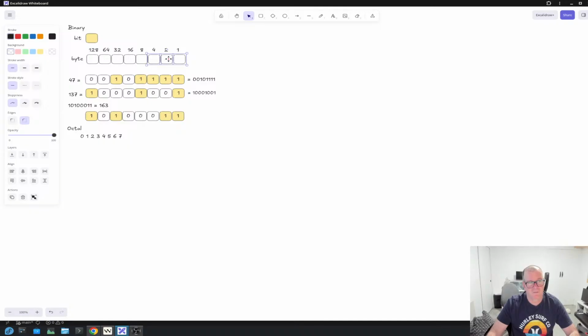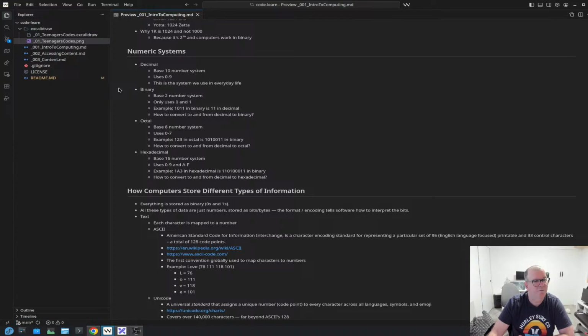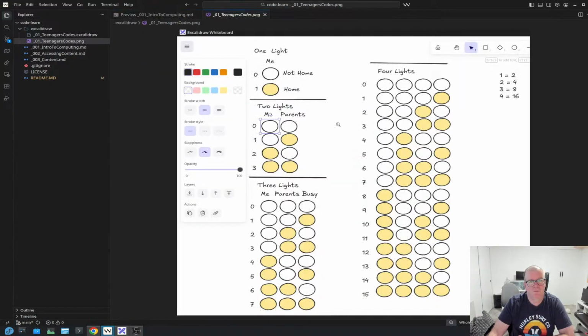Not 0 to 8, 0 to 7, sorry. If we go back to this example just to show you this, with 3 bits, we have 0 to 7. And now we use 3 bits for every one of the octal digits. And then we can easily compose and decompose octal to binary, binary to octal. And of course, later on, if you want, you can convert to decimal. From binary, you can easily go to all the other ones, as long as you know this trick.